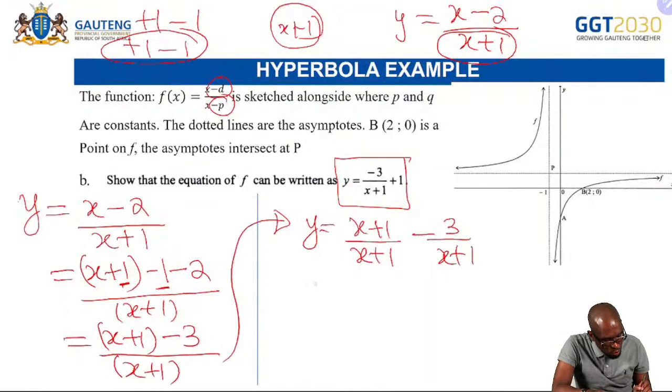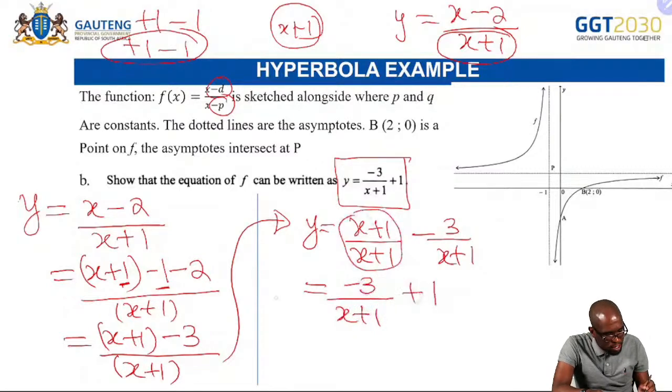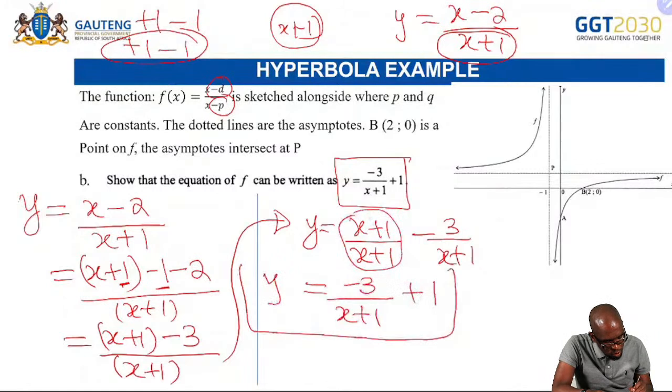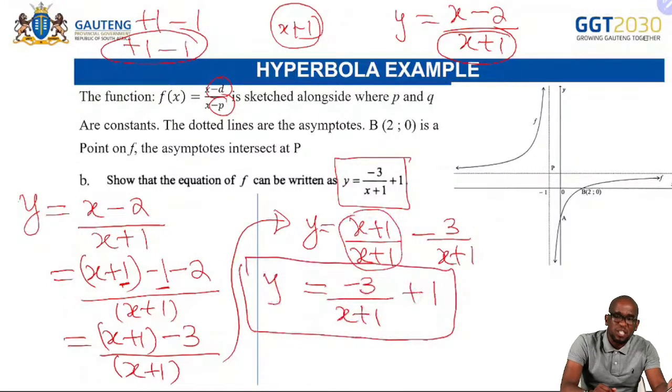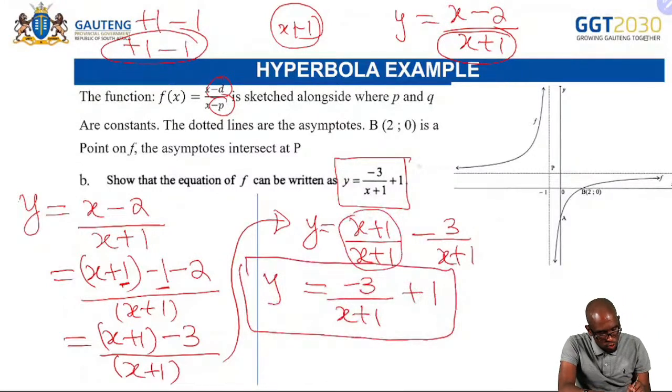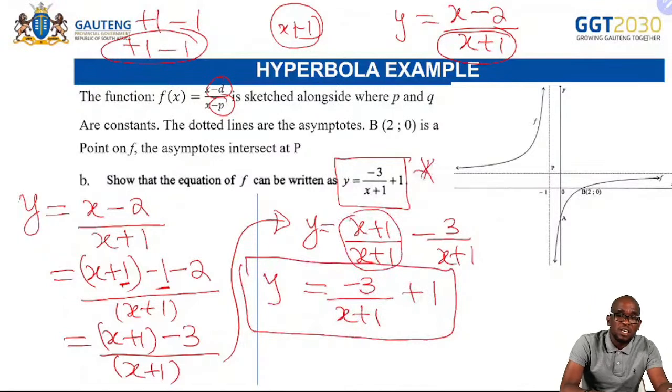So I can write this as minus 3 over x plus 1, and then this whole thing here simplifies to 1. So y equals minus 3 over x plus 1, plus 1. So we were able to show that it can be written that way by using what we originally had.